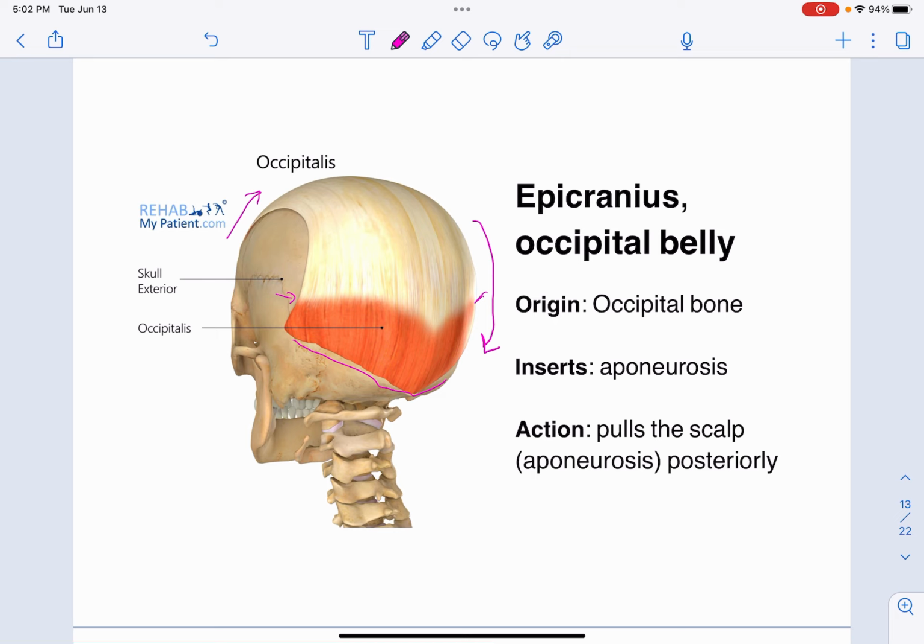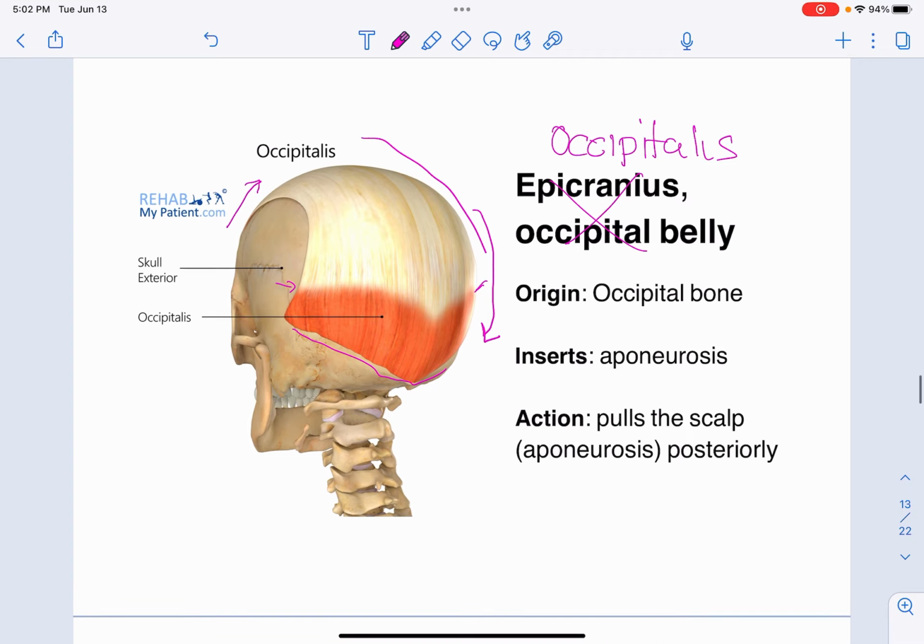That's how the frontalis and the occipitalis work, so you can call this the occipitalis, I'm fine with that instead, if you want. That's up to you. Occipitalis and frontalis give me an image, so that's why I use them, of where the muscles are and how they are working, okay? So again, it's going to pull the scalp back posteriorly.